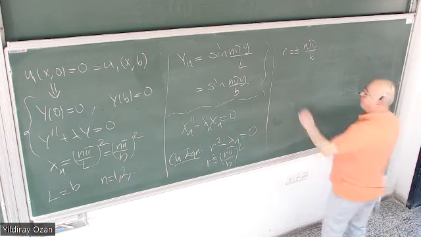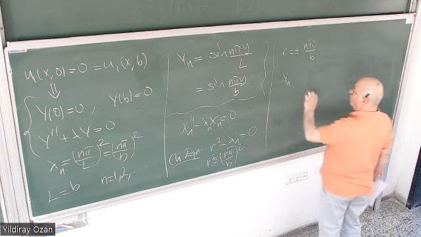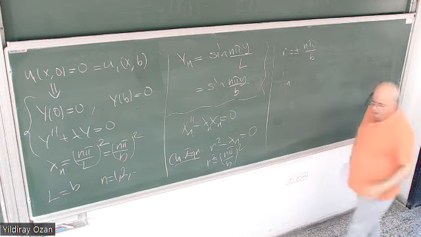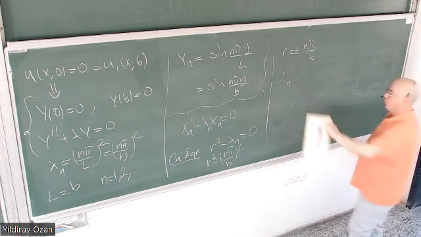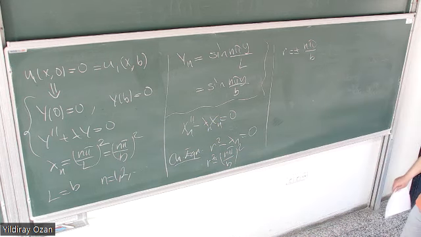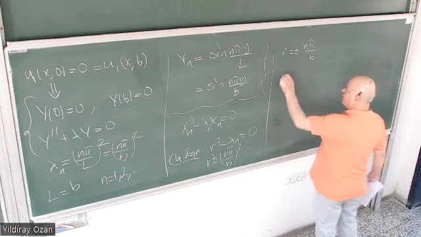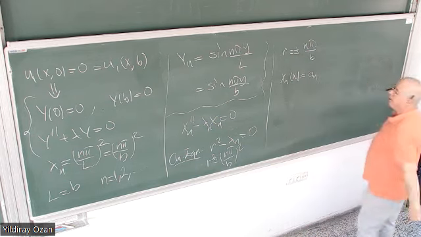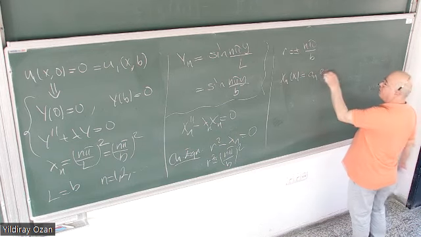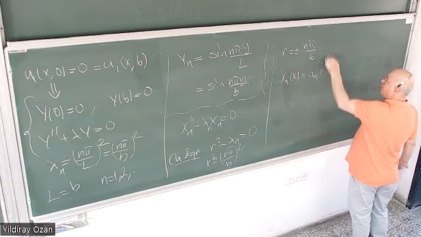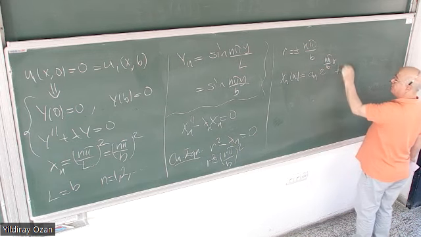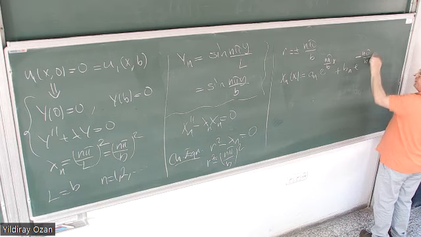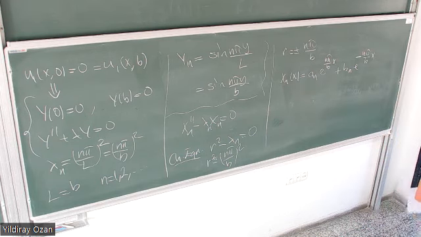All right, so we have two solutions. We already determined Y_n, so X_n of x is just, let's say, a_n e to the power n pi x over b plus b_n e to the power minus n pi x over b.